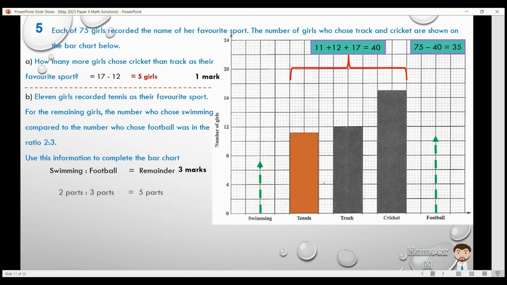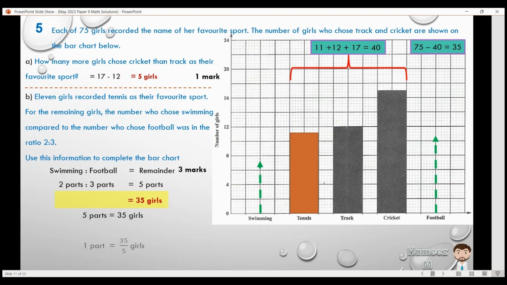So 2 parts to represent swimming, the 3 parts representing football will be 2 plus 3 is 5 parts. And what is these 5 parts? That is the remainder, which is 35 girls. So we can basically have an equation here showing that 5 parts represents 35 girls.